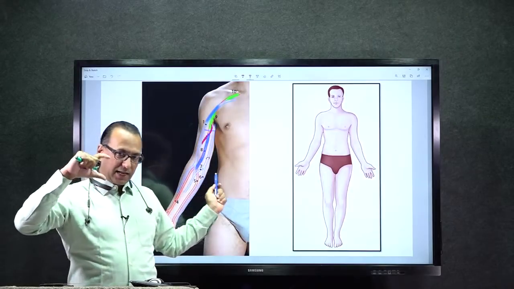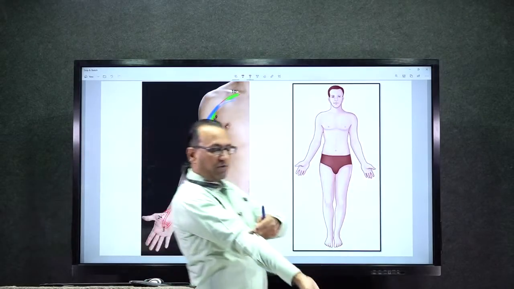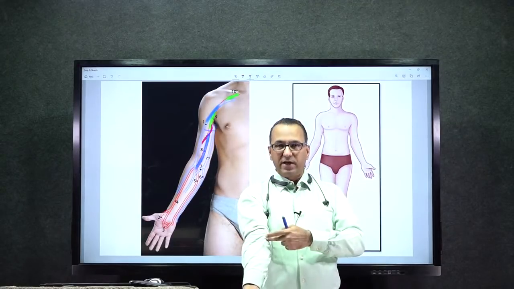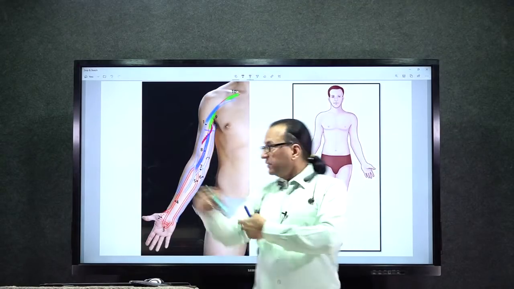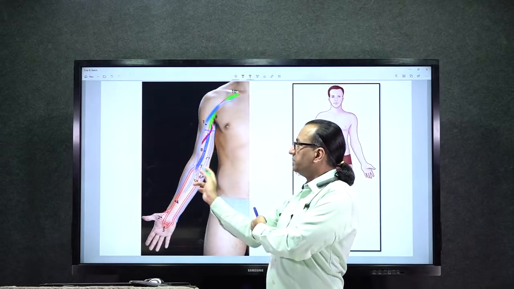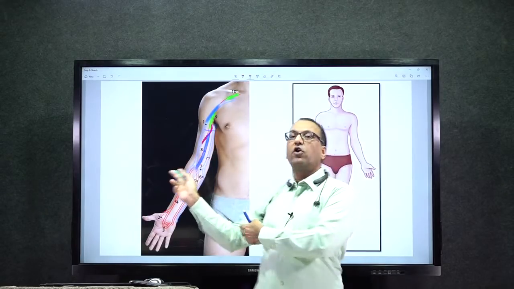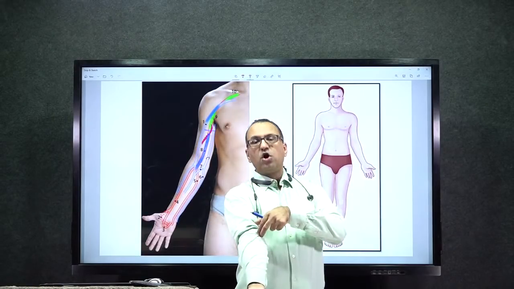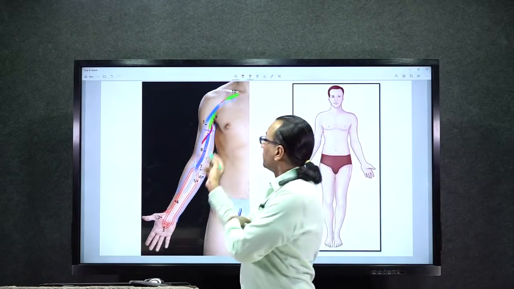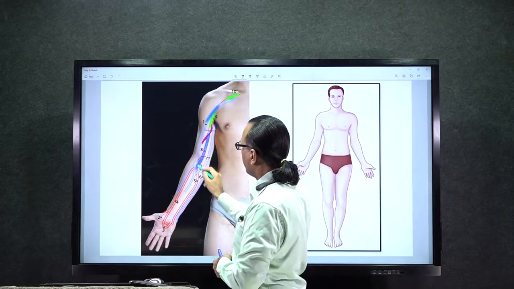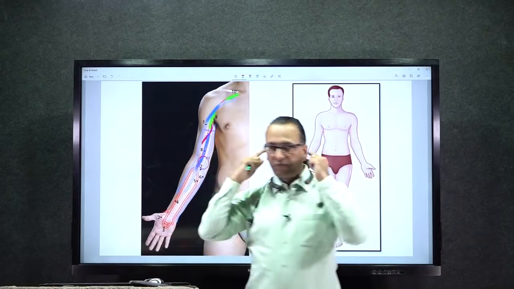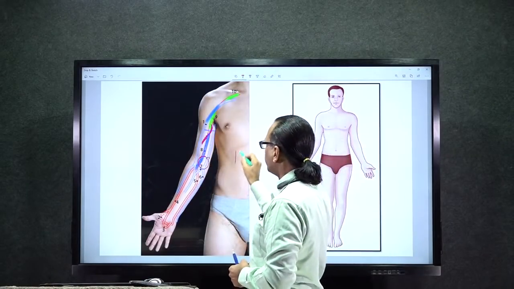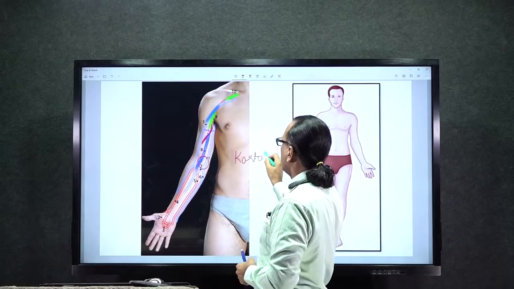So we'll see a diagram where you can find the relation of brachial artery to the median nerve. You know, brachial artery, you keep your stethoscope here to hear the Korotkov sound, to take the blood pressure, superior to cubital fossa. So it will be this location where you are putting the diaphragm of the stethoscope to hear the Korotkov sound.